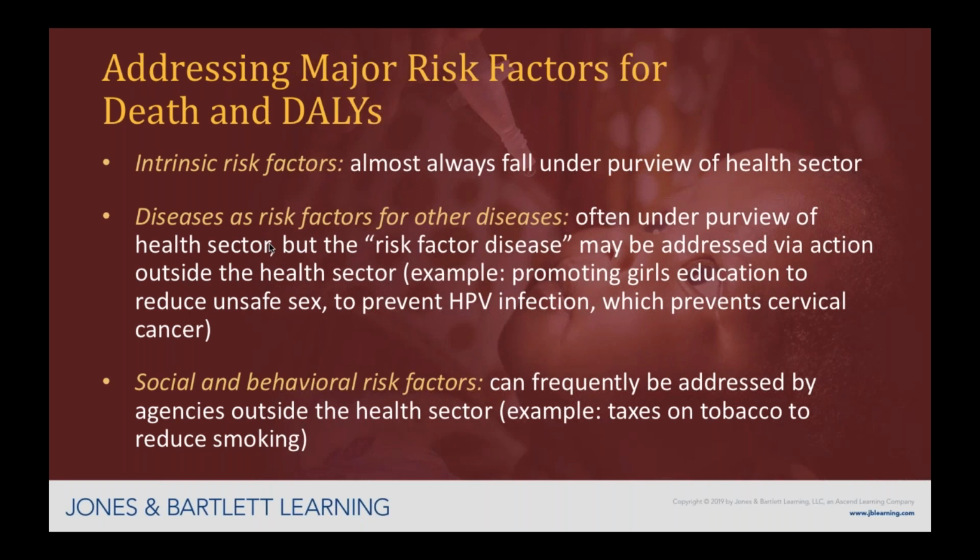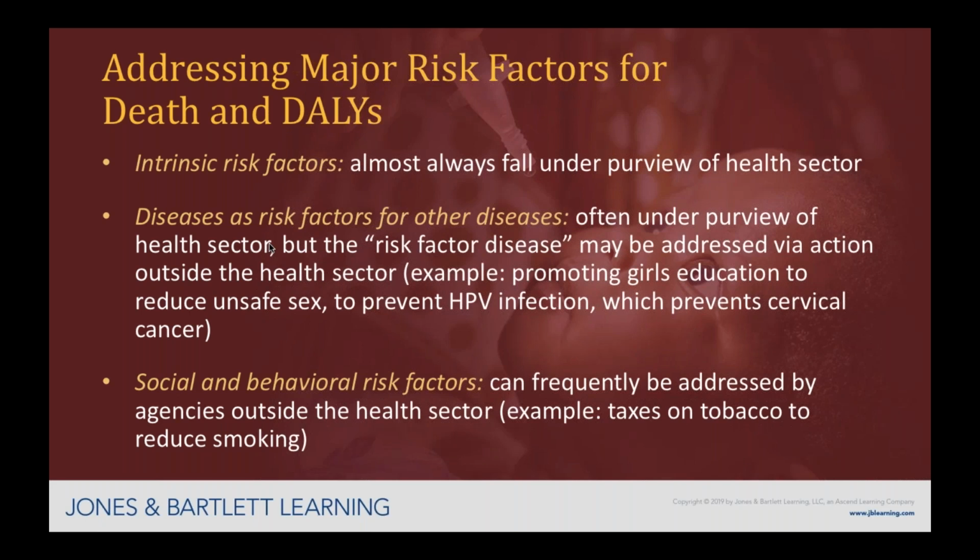On the other hand, when you start thinking about those diseases which are risk factors for other diseases, I think you're going to find, as I did when I wrote this chapter, that intersectoral approaches may be more important than one might generally think.